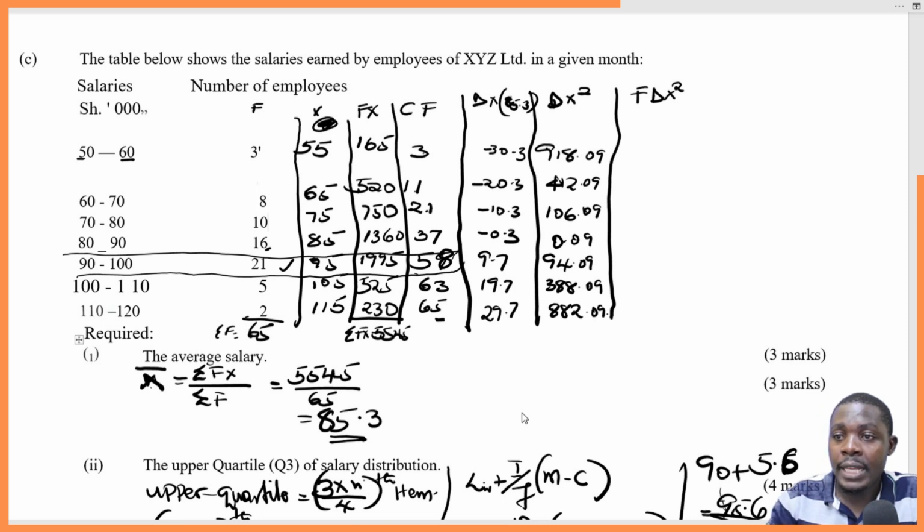Now lastly we have f dx squared. We take the values for f, the frequency, and multiply by the dx squared values.